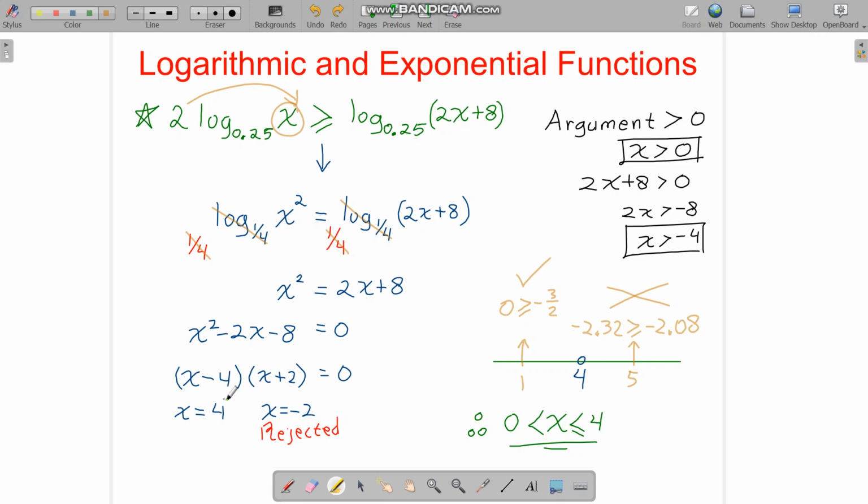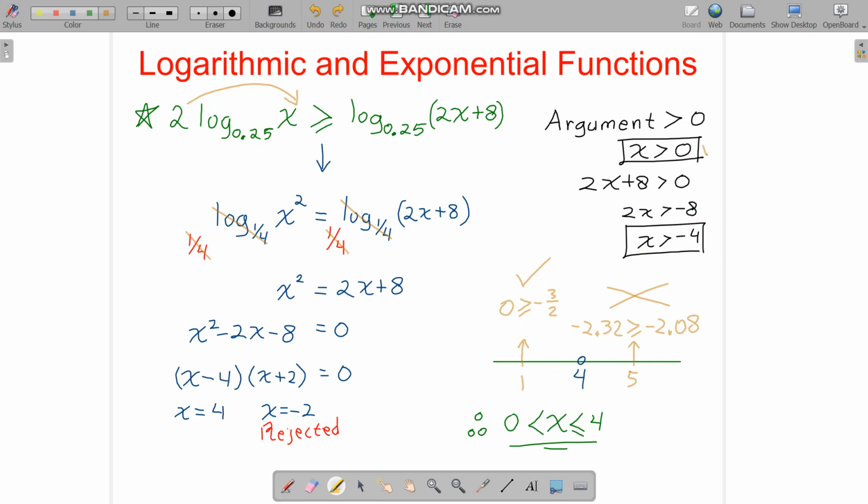And here from the x equals 4, we draw a number line, but remember the argument must be bigger than 0. So we have two arguments here. We have x and we have 2x plus 8. So the x must be bigger than 0 and the 2x plus 8 must be bigger than 0. If the 2x plus 8 is bigger than 0, we can just move the 8 to the right, divide by 2, x must be bigger than -4.